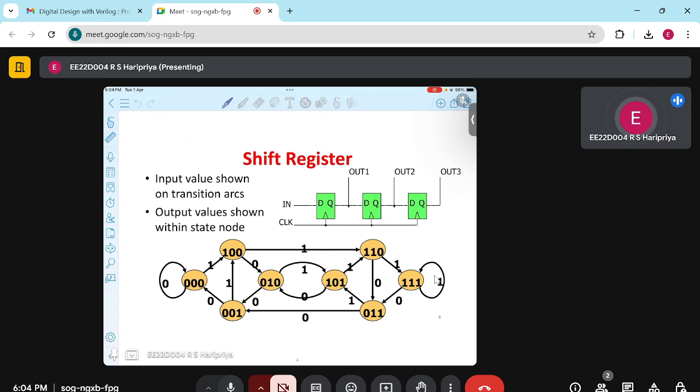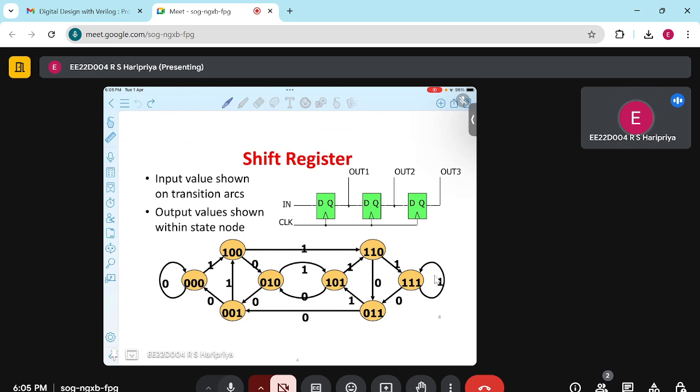So, this is the state diagram for the shift register. For every state we need 3 bits to represent, because we have 3 flip-flops. Let's see one example.